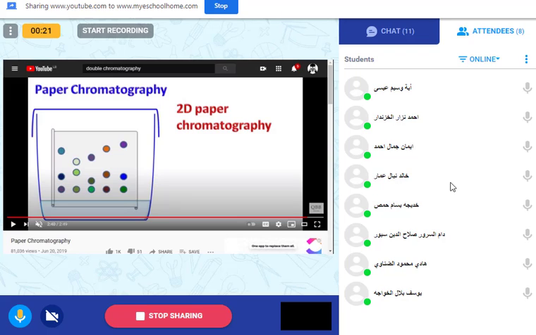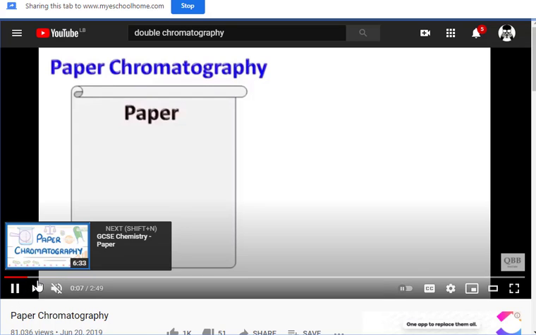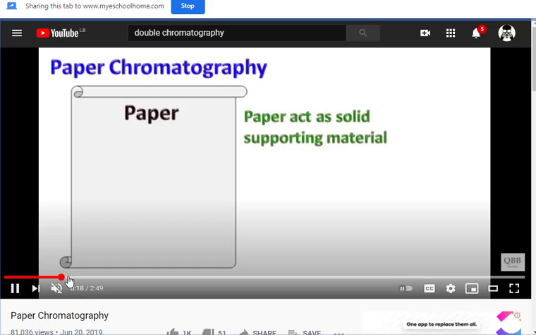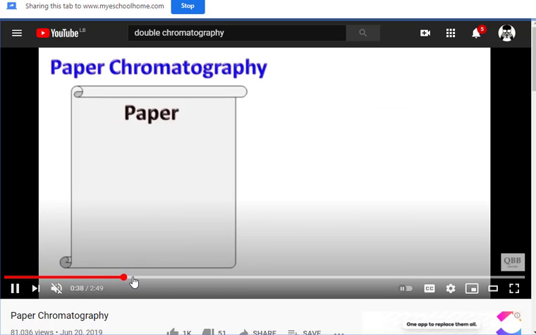Okay, what I do now, I will repeat the video from the beginning to see how I can separate these amino acids.